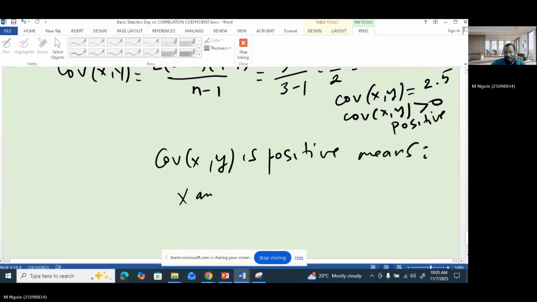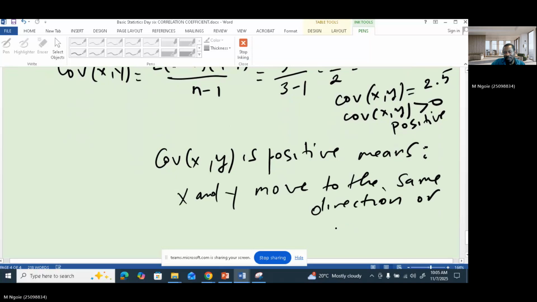So x and y move in the same direction. If x increases, y also will increase.